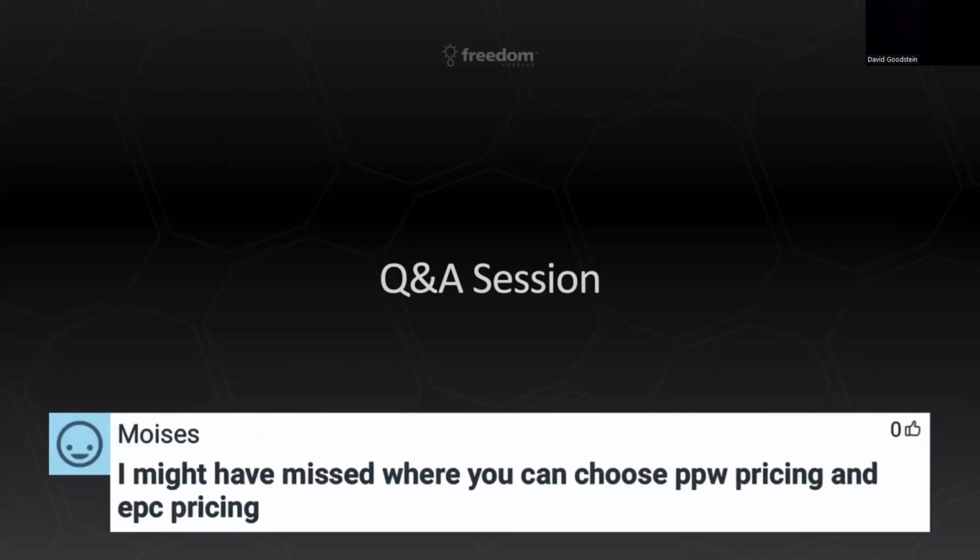Question from Moises is, I may have missed it, but where can you choose PPW and EPC pricing? Mike, do you want to walk them through how they price a project after they're done with building their offer? Yeah, so the steps are to approve your design, and you generate, create the offer, which is approving the design and going into pricing. And that will then show you the specific PPW and EPC.